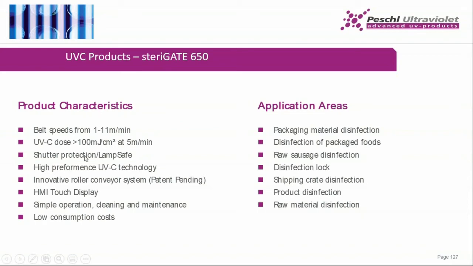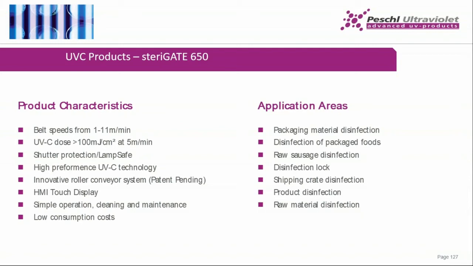If you have a dosage higher than 100 millijoule per centimeter square, you disinfect by 99.9% in half the time when they pass the tunnel. And this is also for the case study that I show you on the next pages. You can see what happened with this dosage.